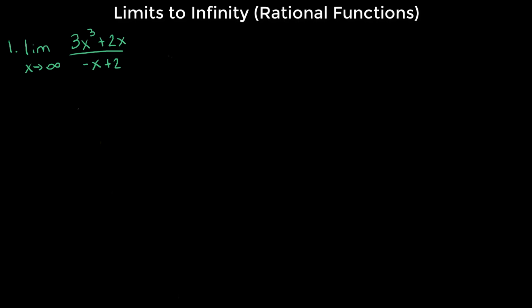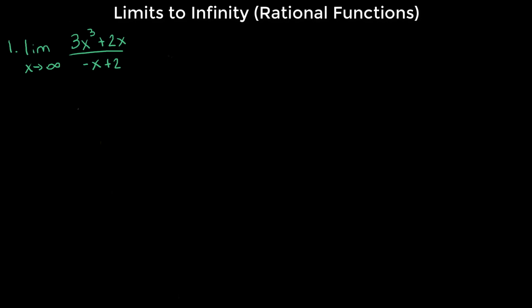All right, let's follow my general guideline. Number 1, simplification check. Can we simplify anything? Can we combine any like terms? Nope, don't see anything we can do. So step 1, we're good. Step 2, compare the highest growing terms of the numerator and denominator.